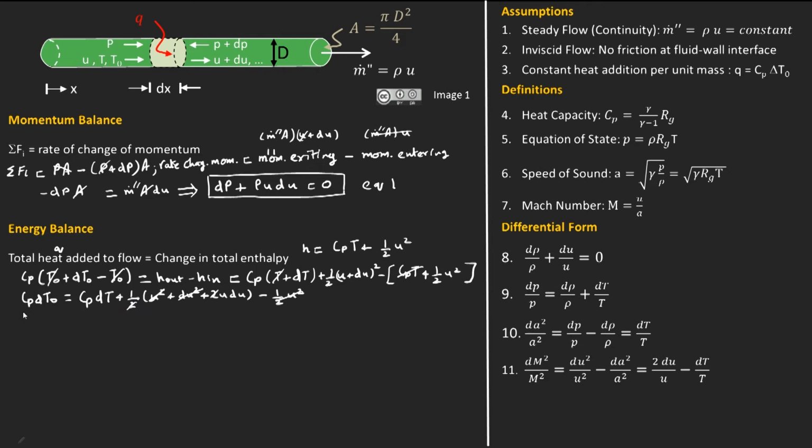In the next step, I'm going to use the definition for Cp, which is this equation here, and substitute it, and I'm going to write the Cp in a slightly split form as (1 minus (gamma minus 1) multiplied by) gamma times R times dT naught equals, again I'm going to take the Cp and write it in the same way, times gamma R g times dT, and what was remaining from this messy expression was just the u times du.